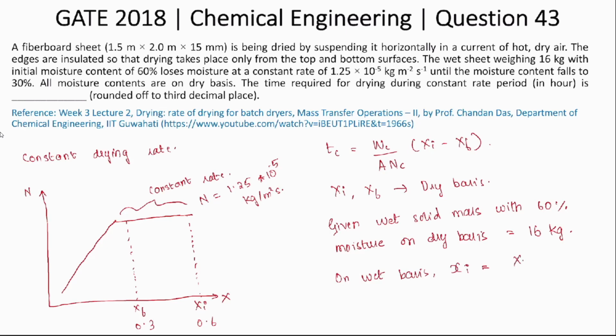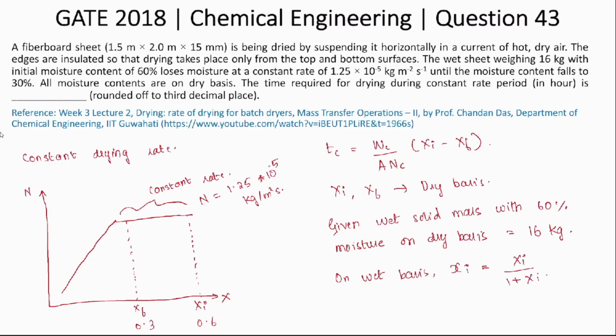Now you can use this formula to convert wet basis into dry basis. You better make a note of this actually. So the small xi is the moisture content on wet basis, and the capital Xi is the moisture content on dry basis. So small xi is equal to capital Xi by 1 plus capital Xi. So this is the conversion which you can use to convert wet basis to dry basis and vice versa.